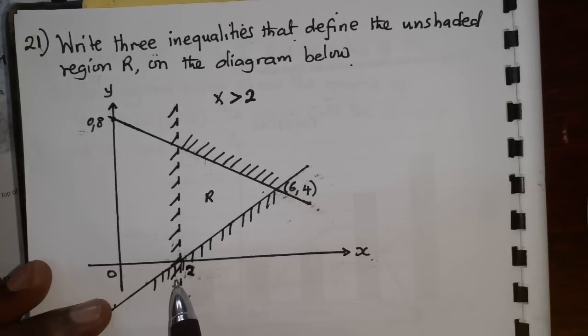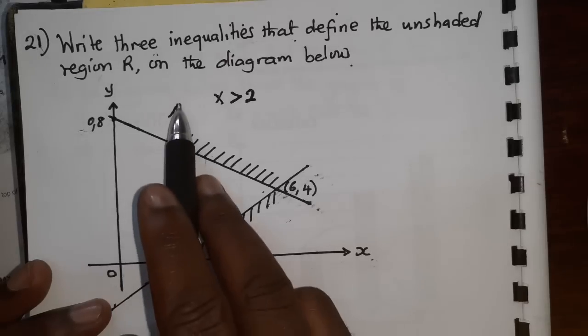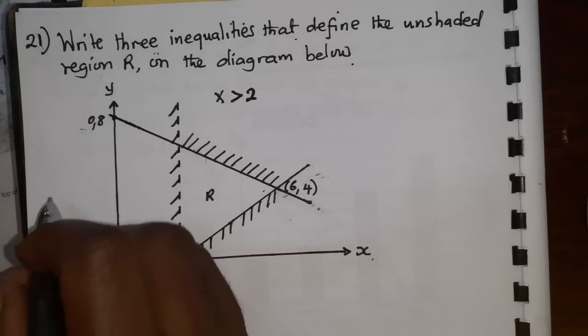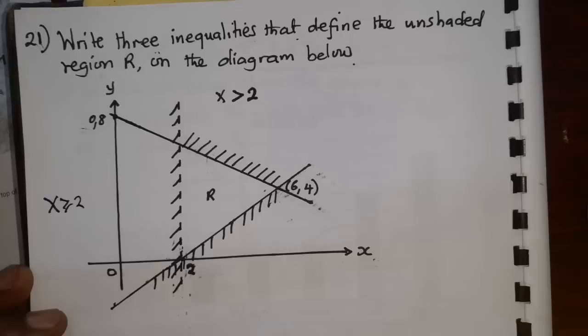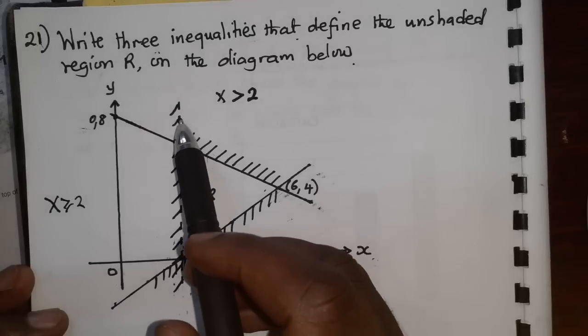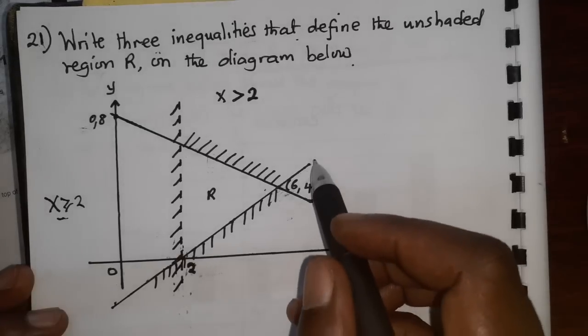But if this line is solid, you would write it with the equal sign like this. From what I remember, I think this line was dotted, but if it's not dotted, you write it like this.